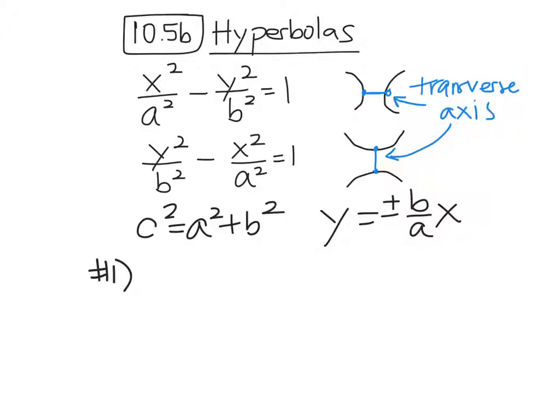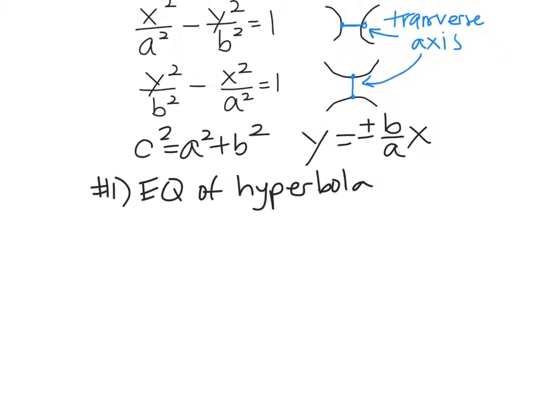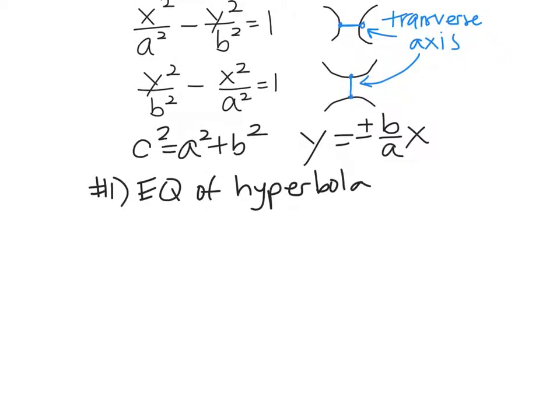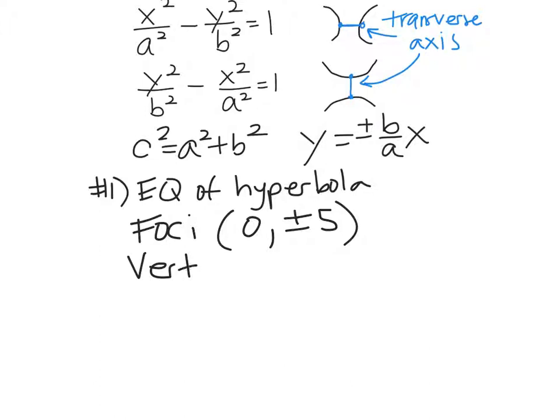Suppose that they want you to find an equation of a hyperbola, and we're given a couple of things. I will always give you enough. You might not think it's enough information, but it is. So find an equation of a hyperbola given that the foci are at (0, plus or minus 5), and the vertices are at (0, plus or minus 2).